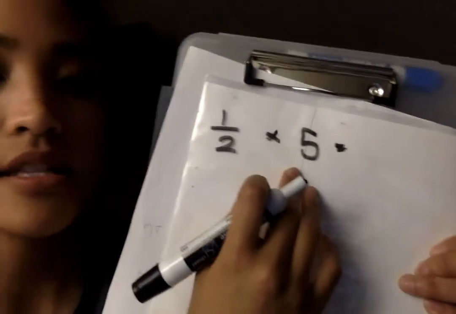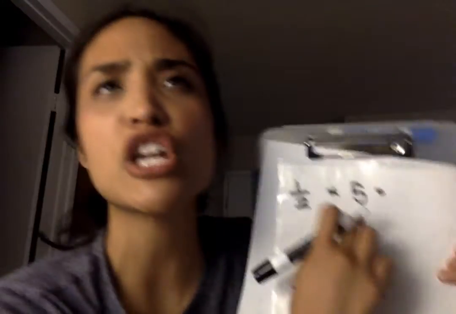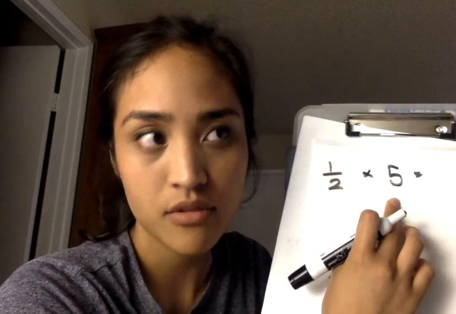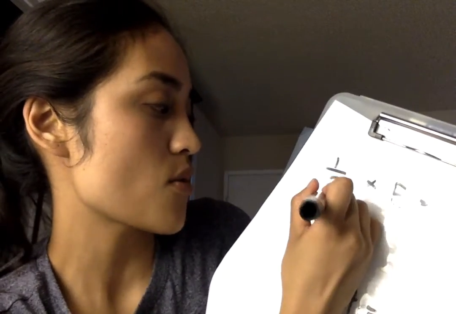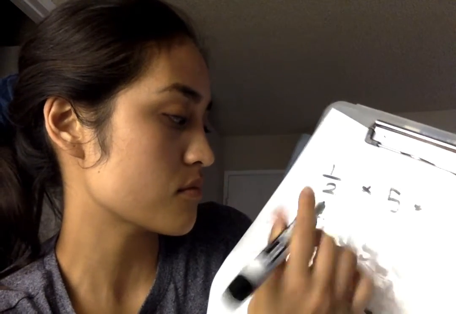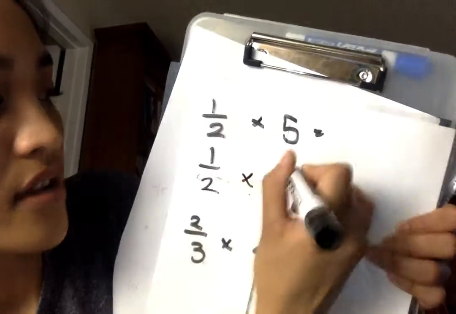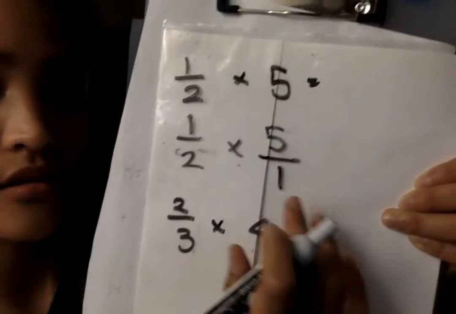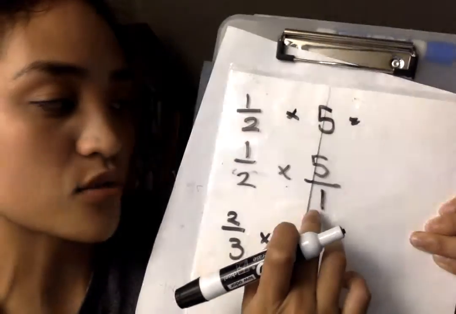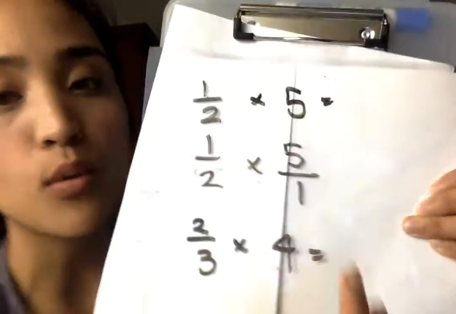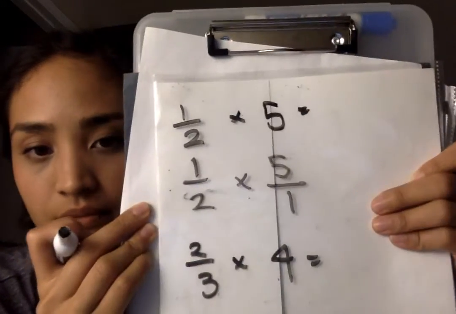How can we change 5 into a top-heavy fraction? I will show you. 1/2 times 5 is the same as 1/2 times 5 over 1, because how many times does 1 go into 5? 5 times. So 5 and 5 over 1 are basically the same thing.